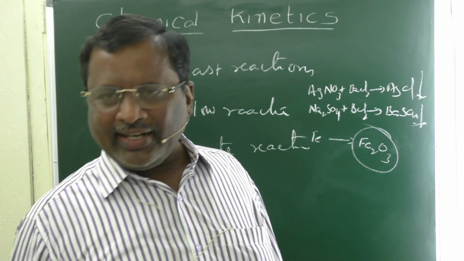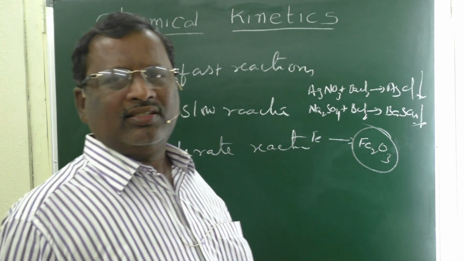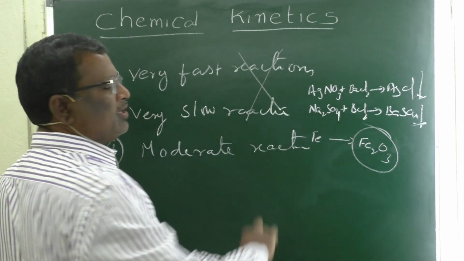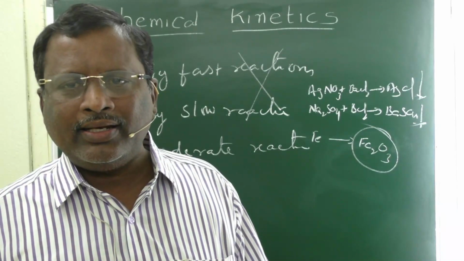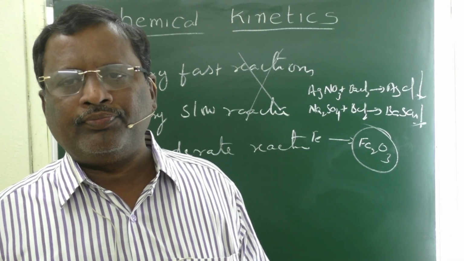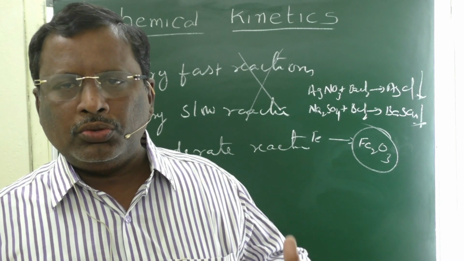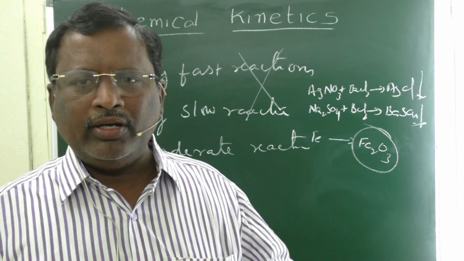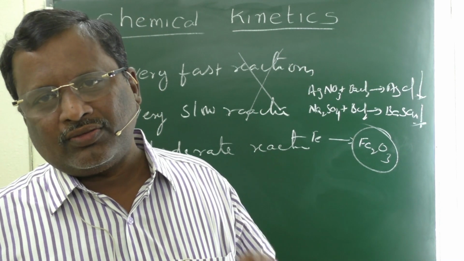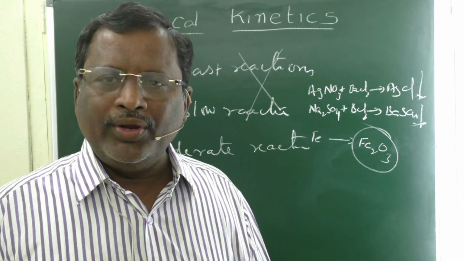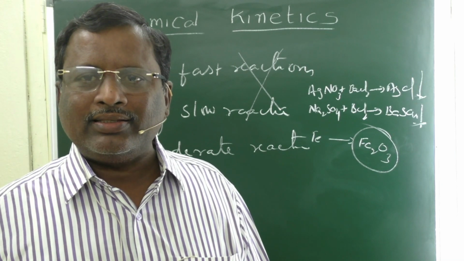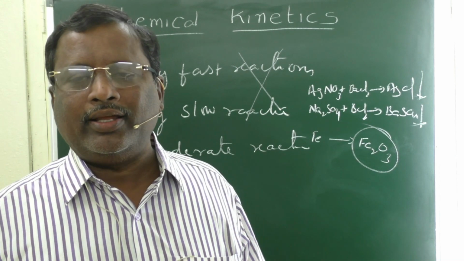So to study the kinetics of such reactions is not at all possible. But there are certain reactions which take nearly 20 minutes or 23 hours for completion. For such reactions we can study their kinetics, because kinetics is not a theoretical study.